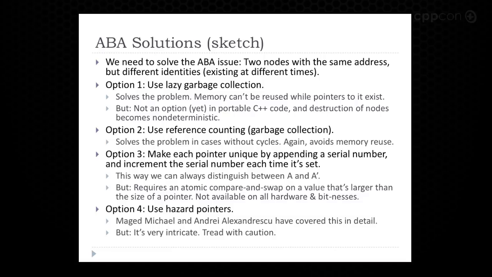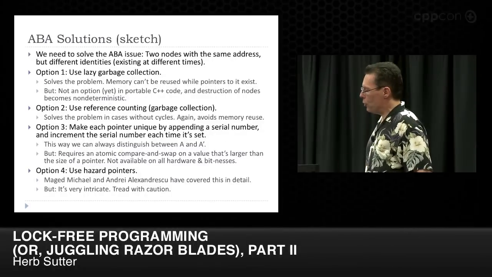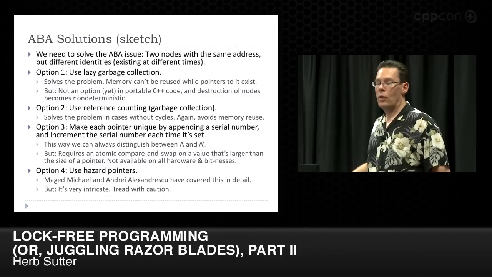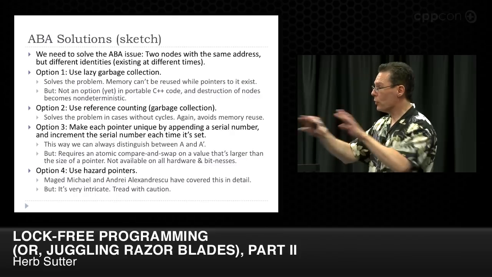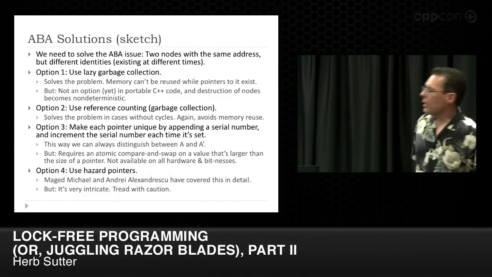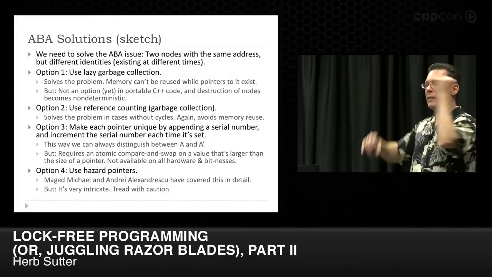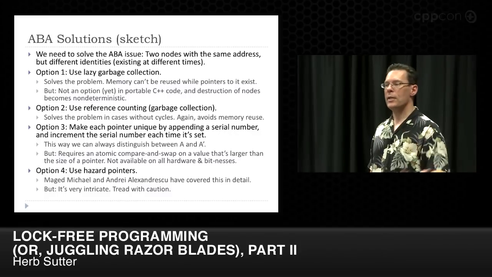Option 1, use lazy garbage collection. That is a useful option for highly concurrent algorithms in this very narrow case. Option 2, use reference counting, which is also a form of garbage collection. This would mean atomic reference counting, more so than the usual atomicity in shared pointers. Option 3, make these pointers bigger: add a serial number to each pointer and increment the serial number every time you set the pointer.